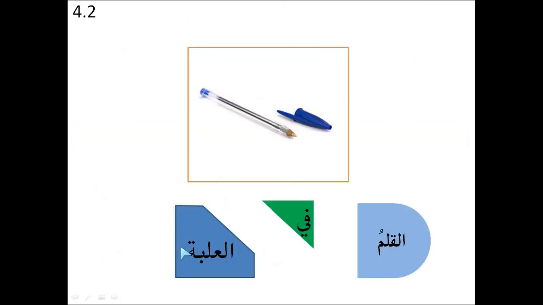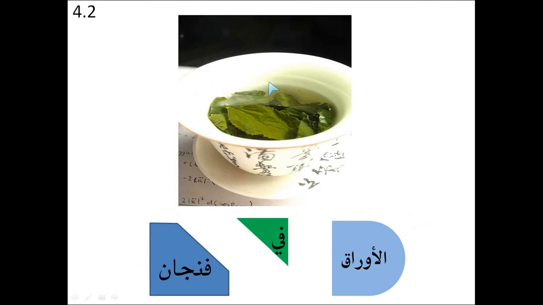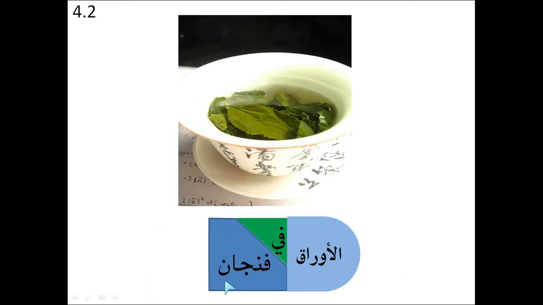Look at this. We have a pen and it's inside a box. Al-qalam fi al-ulba. Put the words together and you get al-qalamu fil ulba. Another word. Here we have some leaves. Al-awraq fi finjan, cup. الأوراق في فنجان.